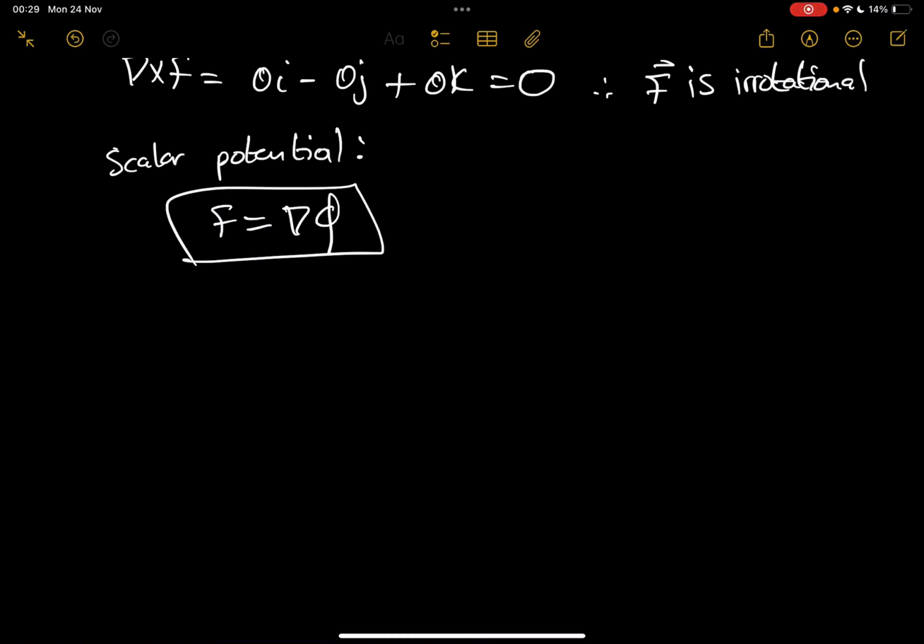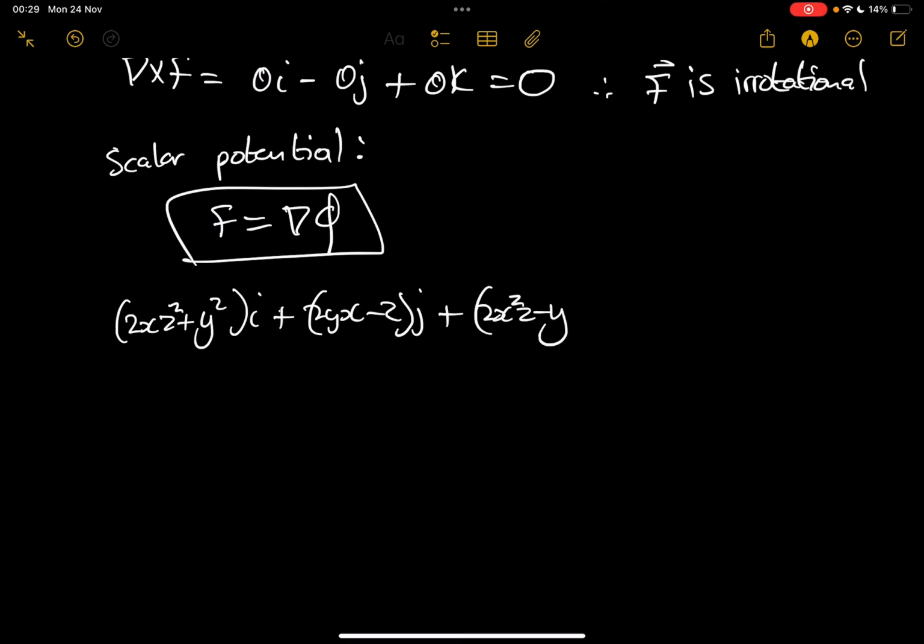Here we know that f is (2xz squared plus y squared)i plus (2yx minus z)j plus (2x squared z minus y plus 2z)k. We're saying this is equal to del phi.